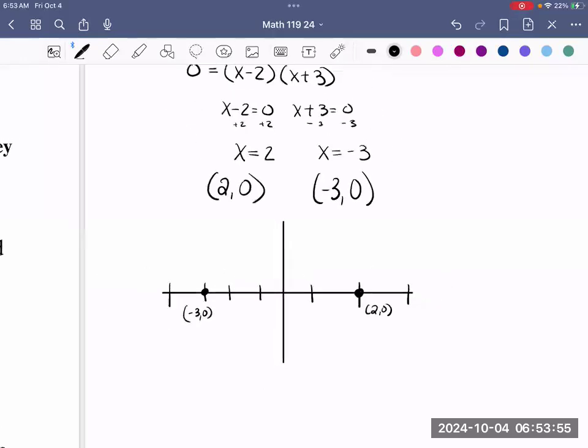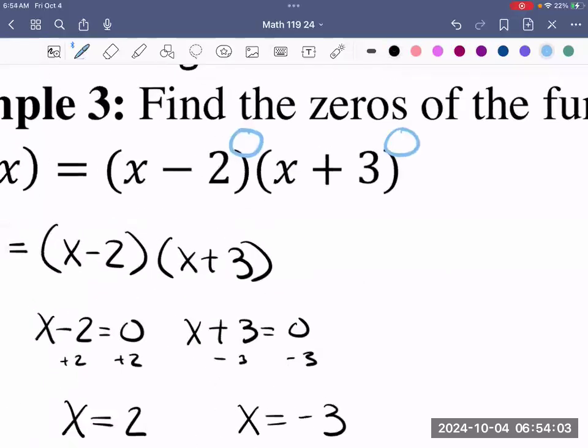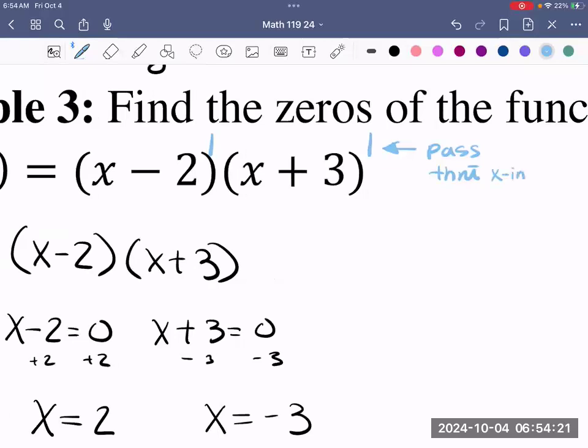Now we talked a second ago about multiplicities. Your multiplicities, if you were to have them, would be located right here. Now notice, because there's no number showing, what can we assume that value is? Well, that value being 1 says that we are going to pass through the x-intercept.